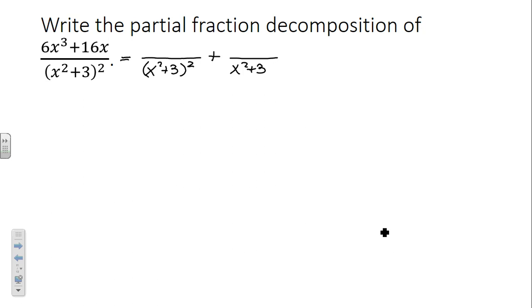So if it was something over x squared, and we're trying to break it down into its individual parts, we would need an x squared and an x. Okay? And if it was an x minus 3 squared, we would need an x minus 3 squared and an x minus 3.